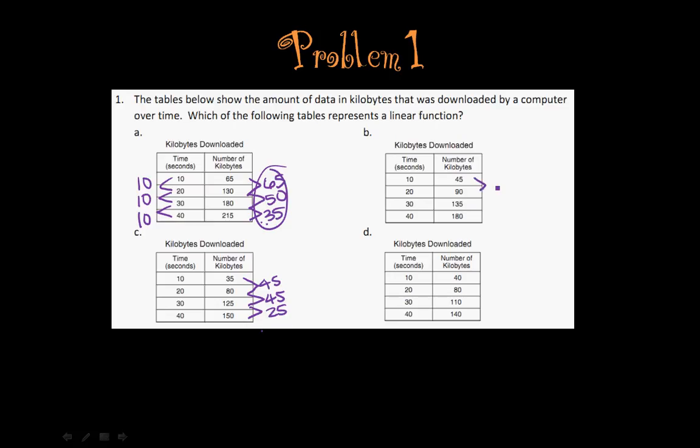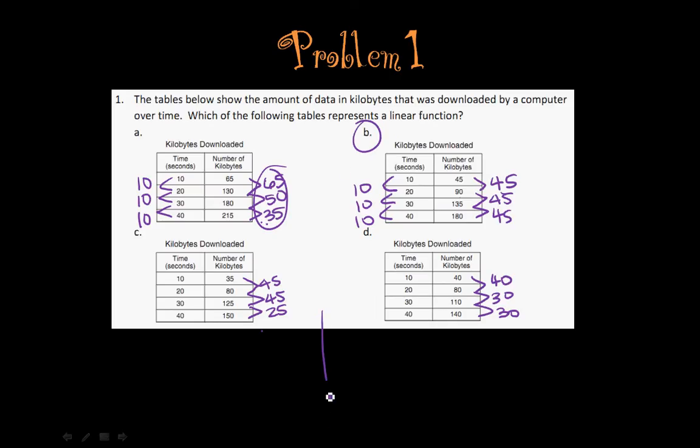If you go here, from 45 to 90 is 45, 90 to 135 is 45, and then 135 to 180 is still 45. And these are all 10, 10, and 10, so that's good. If we do the last one just to check, 40 to 80 gives you 40. 80 to 110 is 30, and 110 to 140 is 30. So you see that B is the only right answer.